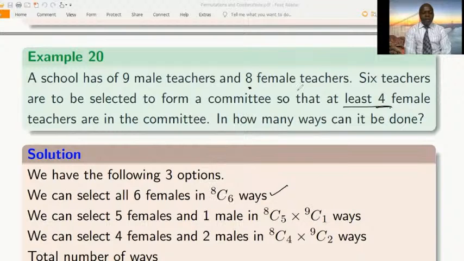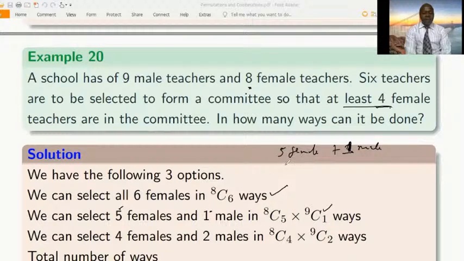The other situation is where you have 5 female and 1 male, because the total must be 6. So 5 female out of 8 is combination 8-5 times 1 male out of 9.